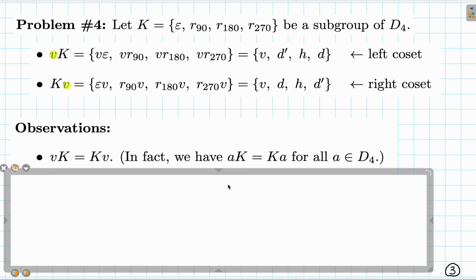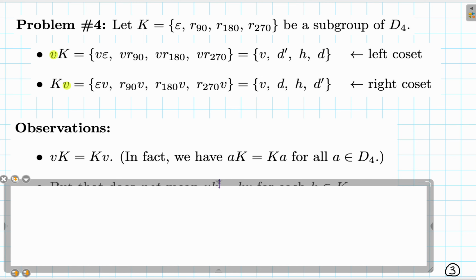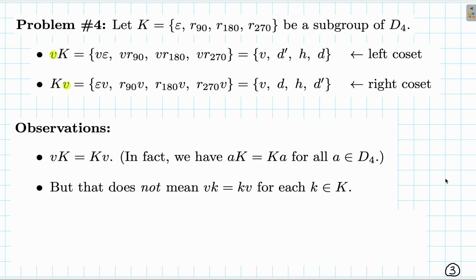But this is a set equality and not an element by element equality. In other words, the left and right cosets being equal does not imply that V times little k equals k times little v for all little k in the subgroup K.